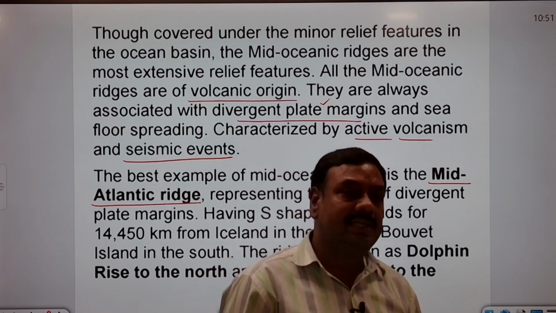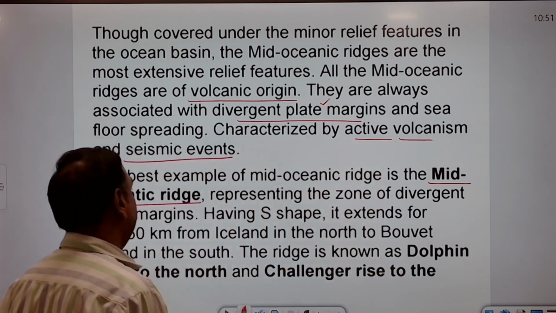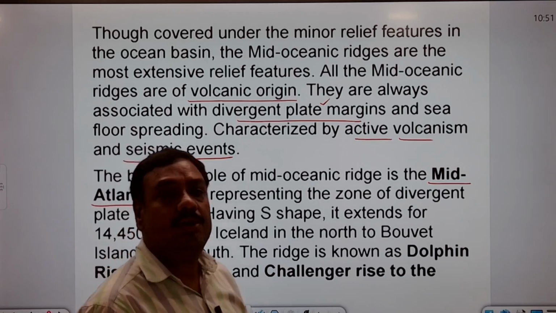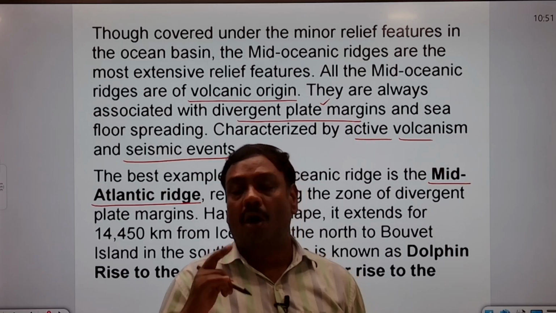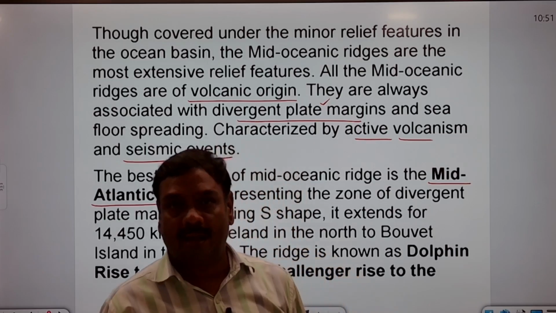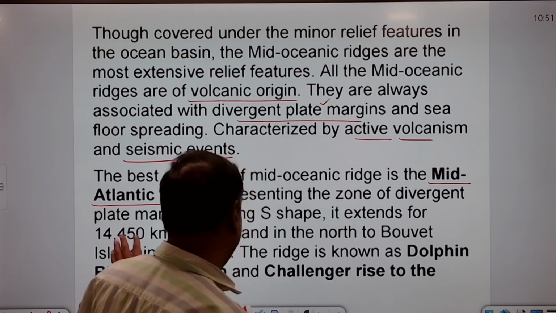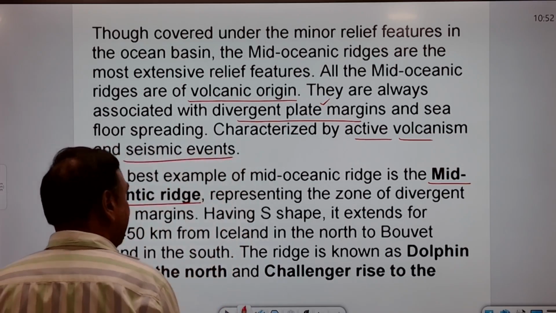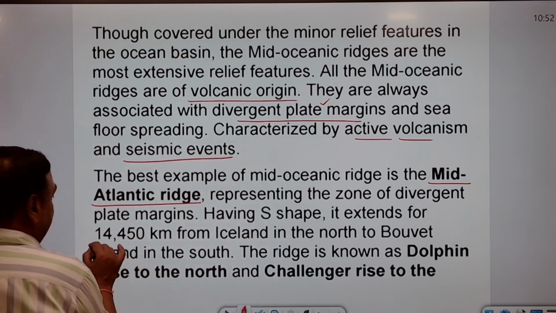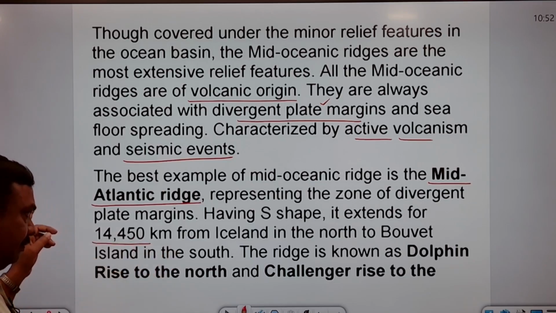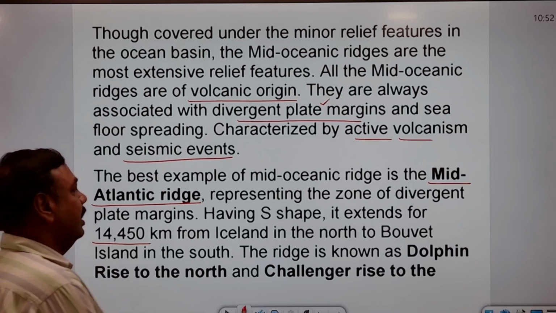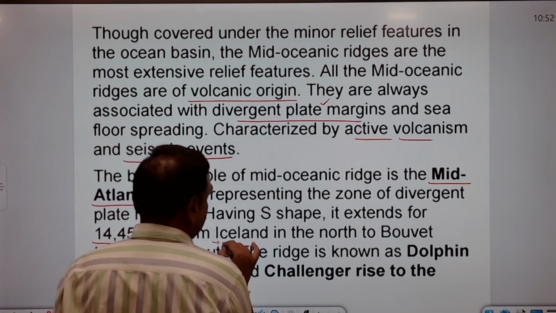So here we will see the description of this mid-Atlantic ridge. It is the longest mid-oceanic ridge in the world. The mid-Atlantic ridge is the longest mid-oceanic ridge in the world, right? So here you must remember that it extends for 14,450 kilometers, and it extends from Iceland. Iceland is a small island country there.